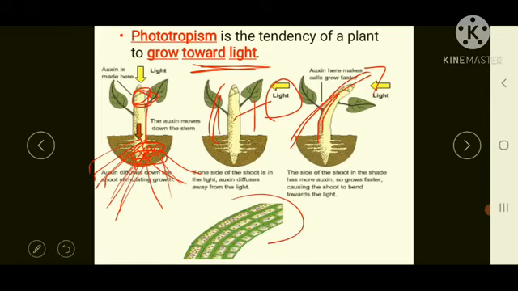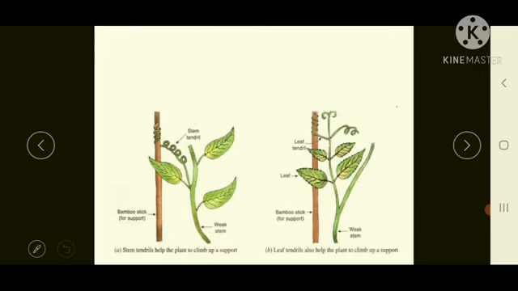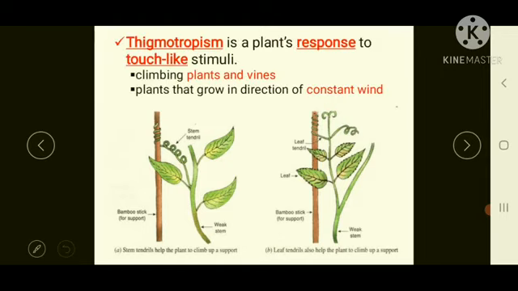These are the plant cells found on the left side of the plant, and there is a high concentration of auxin due to the light, because the auxin is diffused to the left side of the plant in the presence of light. This is known as phototropism.